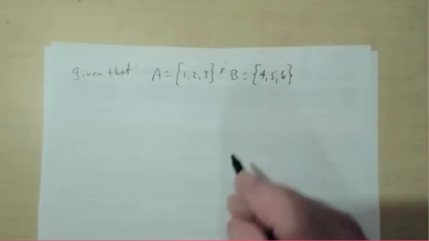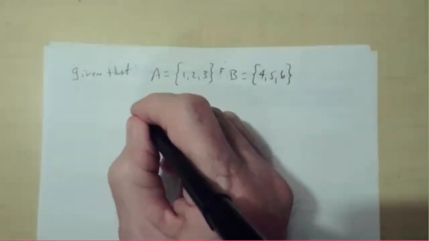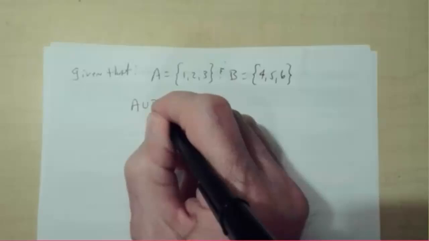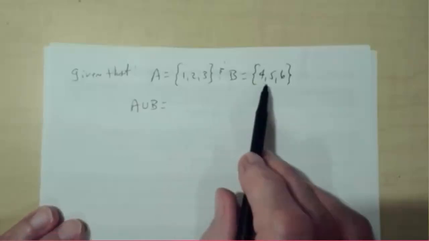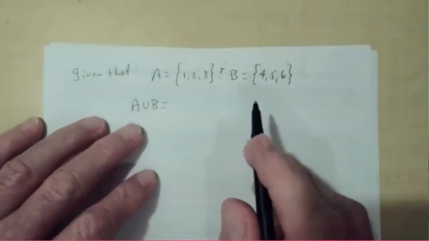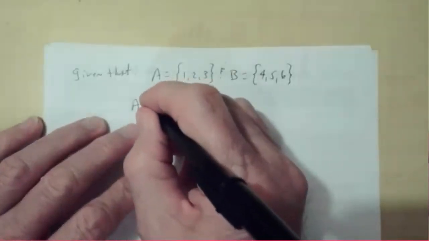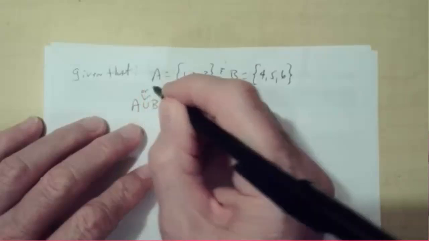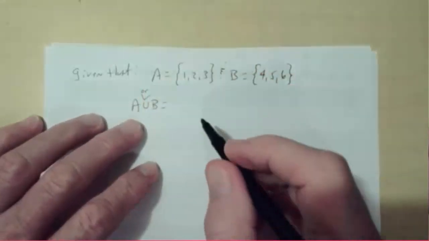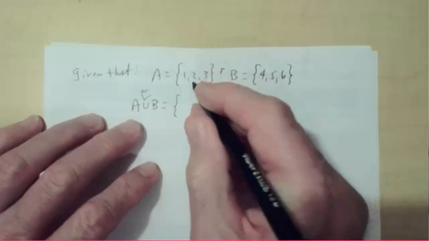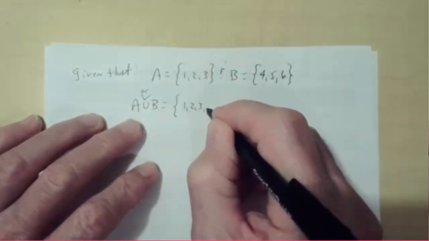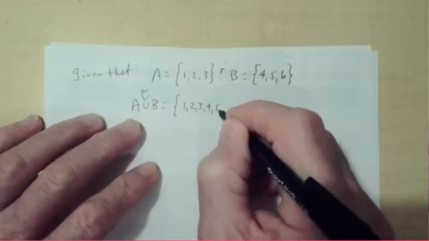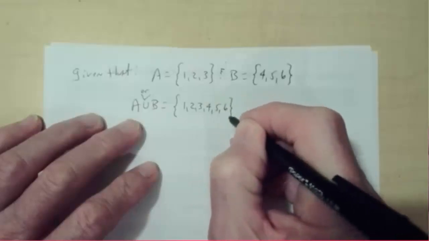So A union B, remember, means what numbers are in A or B. So it's all of them: 1, 2, 3, 4, 5, 6.